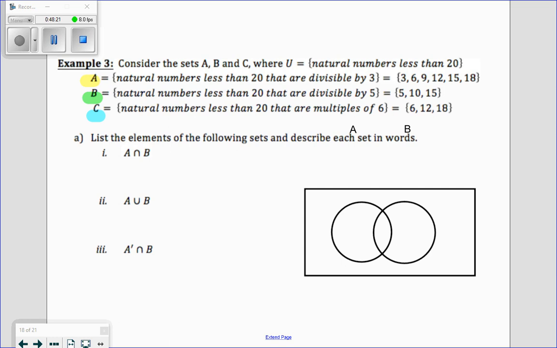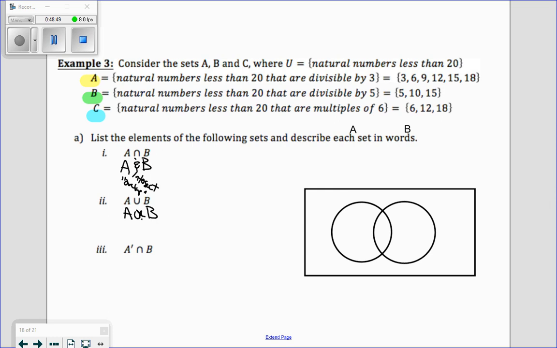It says list the elements of the following sets and describe each set in words. This one means A and B. This one means A or B. And means intersect, which is the overlap.